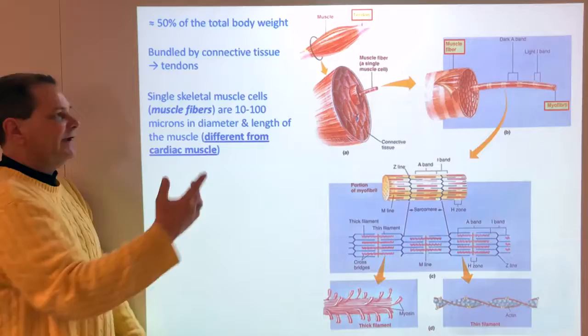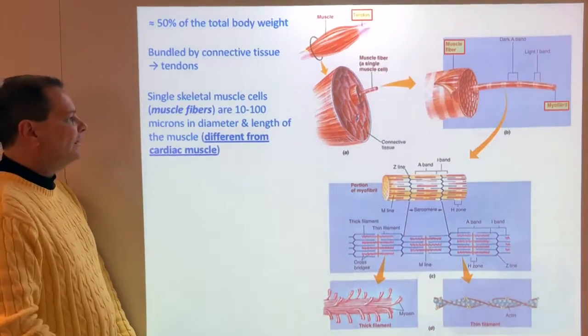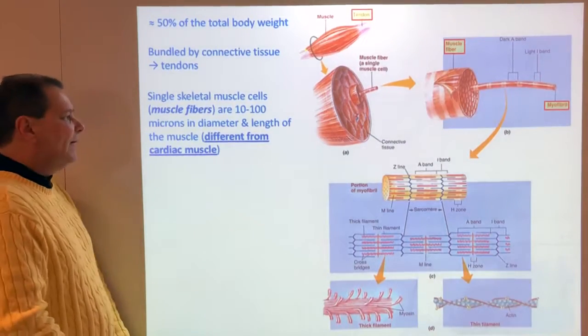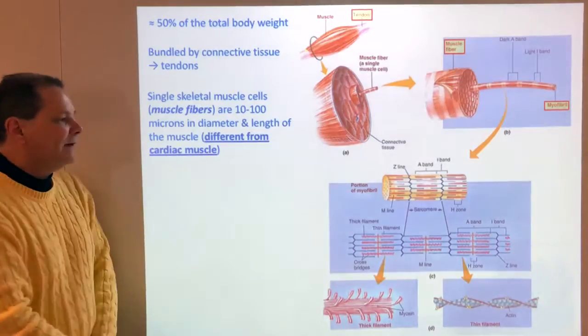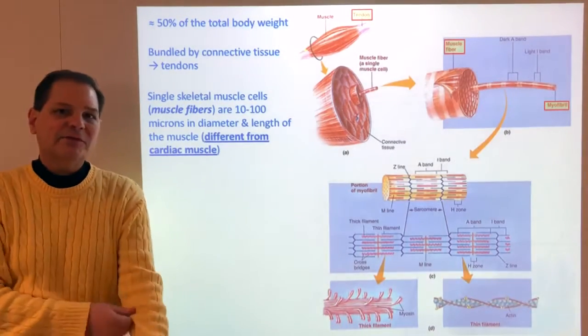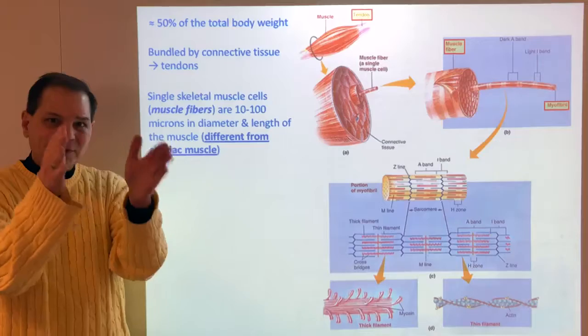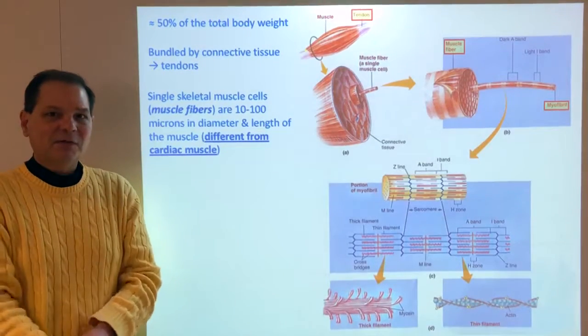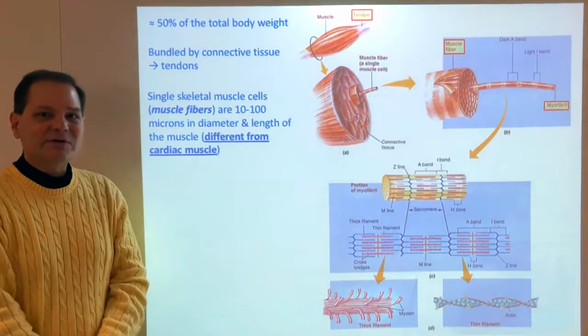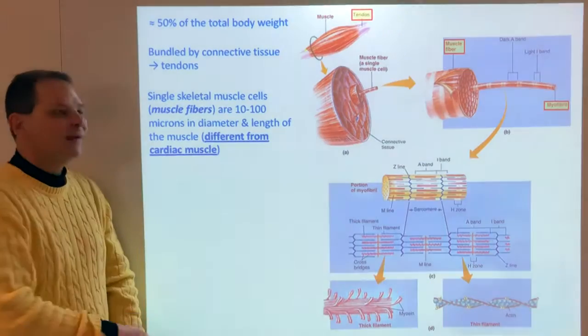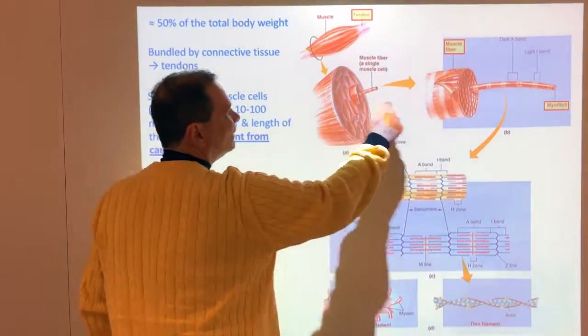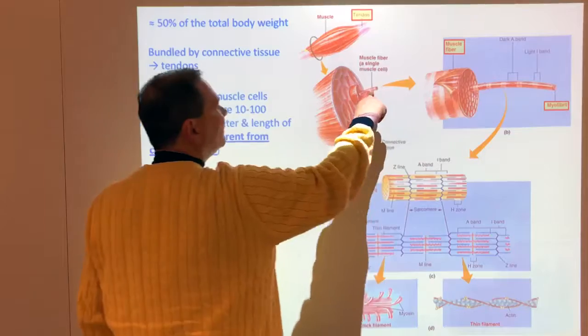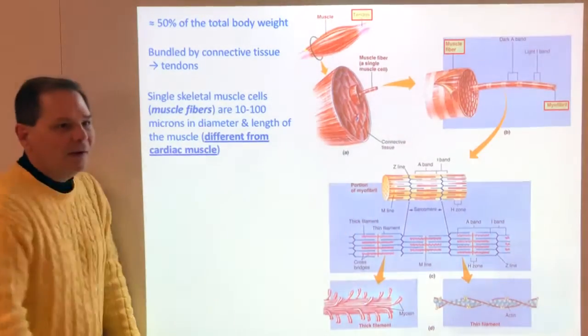So in length, it's the length of the muscle, tip to tip. So it is very, very long, and that is different from cardiac muscle. You'll recall that cardiac muscle is about 100 micron cells. They're connected on the edges by intercalated discs with gap junctions, and they act as a functional syncytium. That is not true here. This is one big muscle cell that runs the length of the fiber.